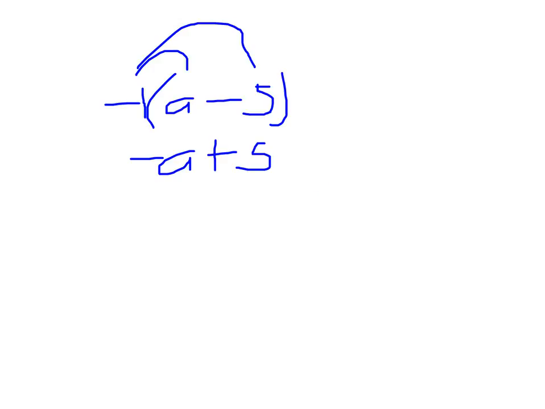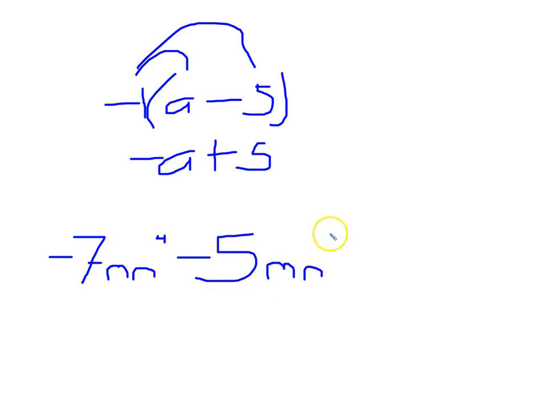So if we have something like negative 7 m n to the 4th minus 5 m n to the 4th, since the letters and the exponents are the same, we can combine the numbers.